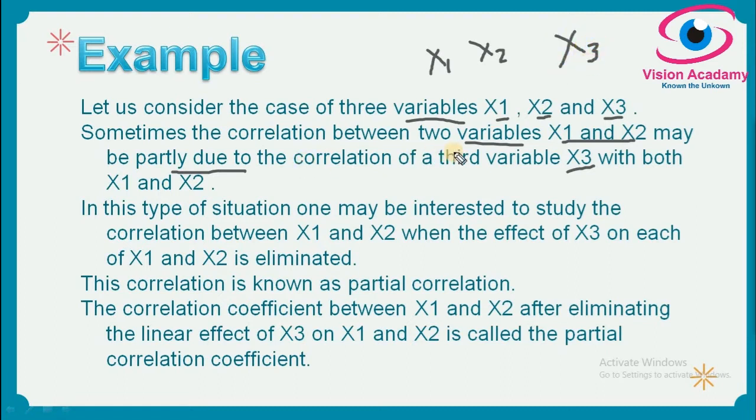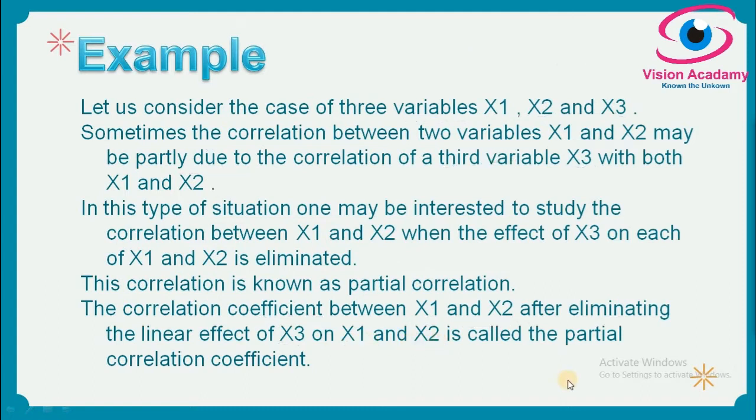Here x3, which is age, is partly responsible for the correlation with both x1 and x2, that is, height and weight. So in this instance we have to study the partial correlation, which means the correlation coefficient between x1 and x2 after eliminating the linear effect of x3 on x1 and x2. This is called partial correlation.